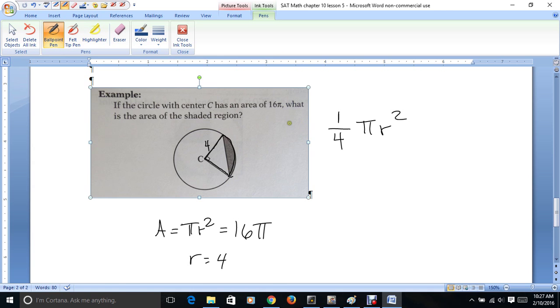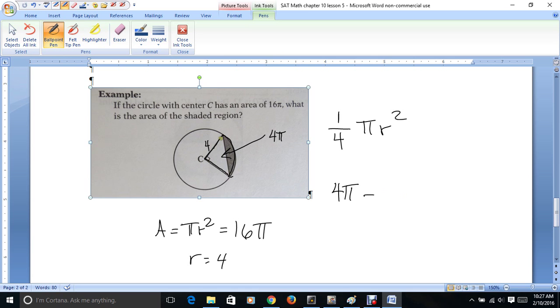Okay, so the area of this whole piece of pie is just 1/4 of the total area, so it is 4 pi. So 4 pi is the whole piece of pie. I'm going to subtract the white triangle because I don't want the whole piece of pie, I just want the shaded part.